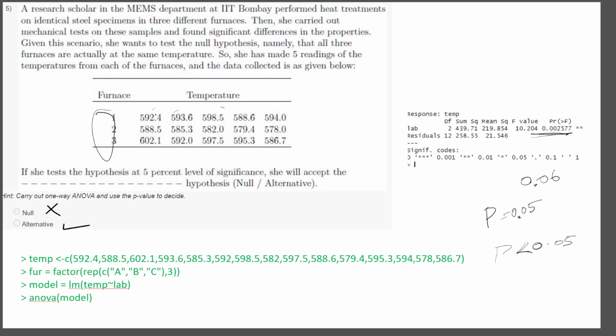If the value which we have got is greater than the significance level, then we cannot reject it.